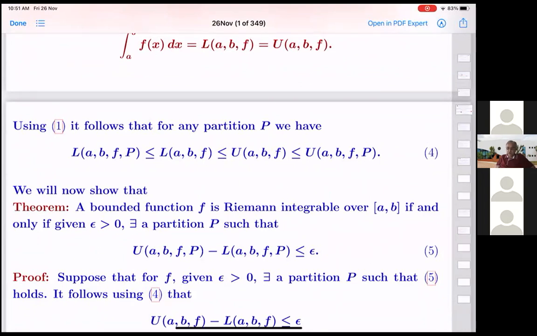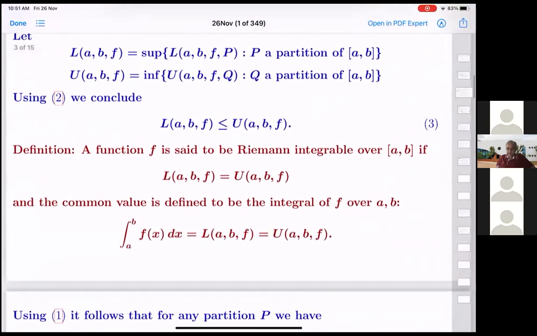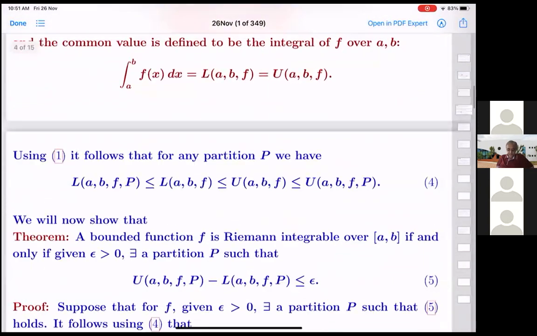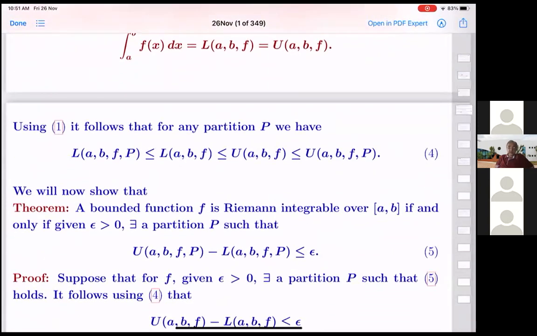L and U are also sometimes called the lower integral and upper integral. So the lower bound for any partition is less than or equal to the lower integral, and the upper bound for any partition is greater than or equal to the upper integral.